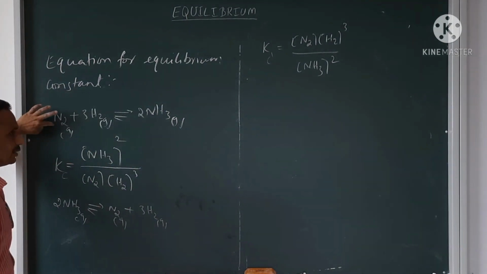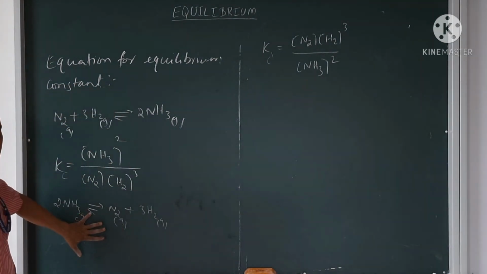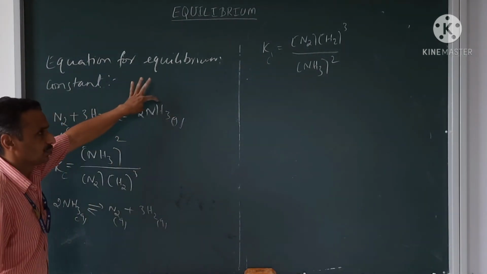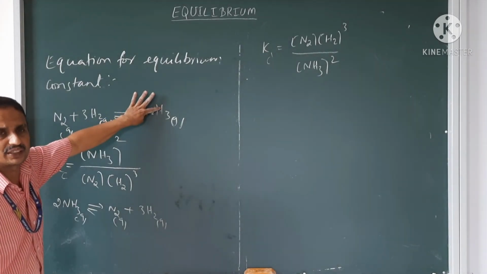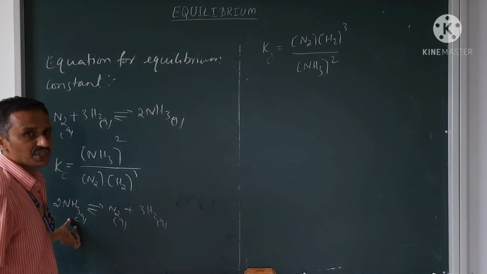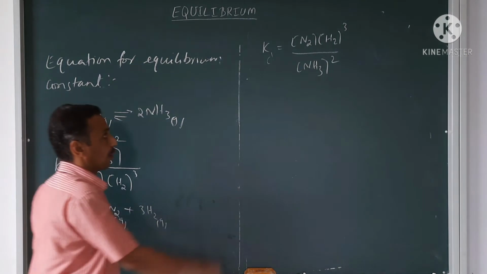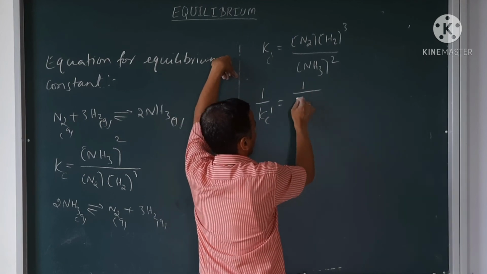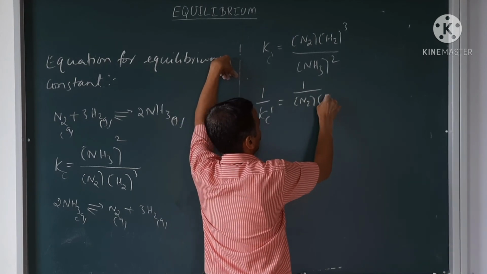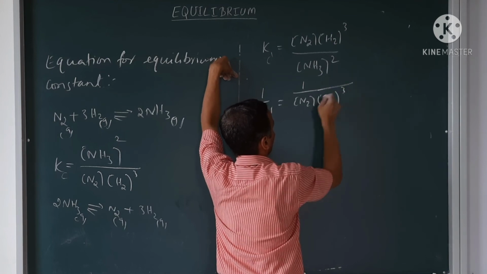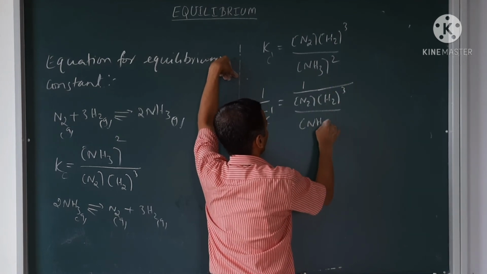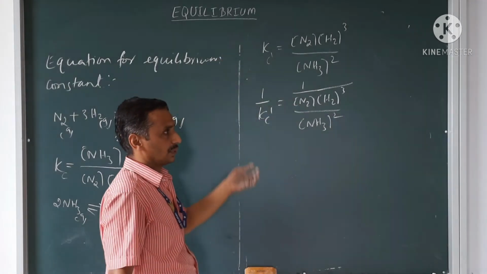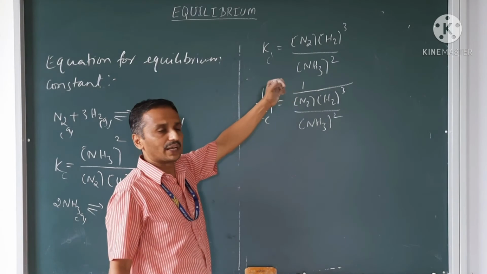See, what I did here, this same reaction I reversed without doing any other things. So for this reaction, if I write the Kc, for the reversed reaction I write it as Kc dash, equilibrium constant. Now, over Kc dash, what will happen? Let's see that. N2 into H2 to the power 3 whole divided by NH3 square. I am going for the reciprocal of the Kc dash.